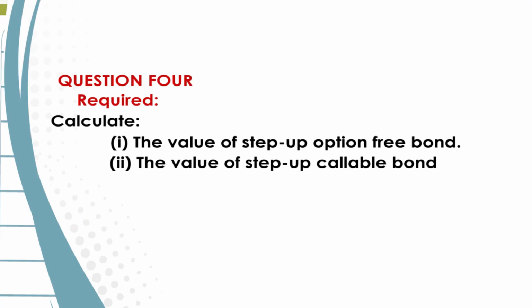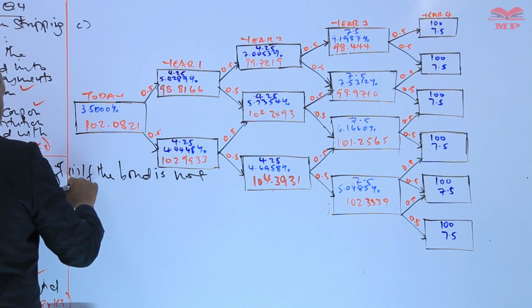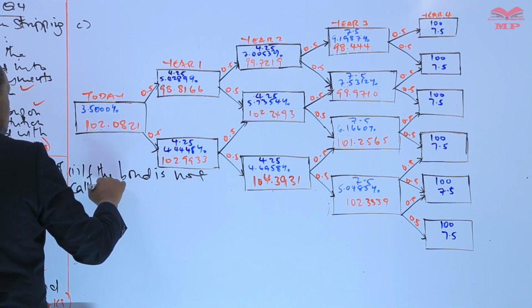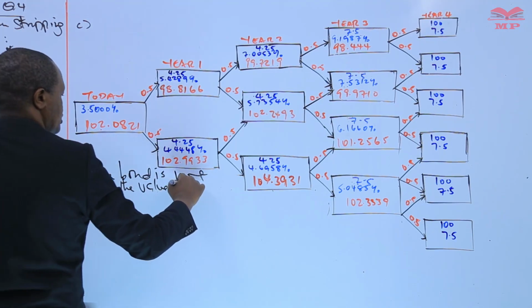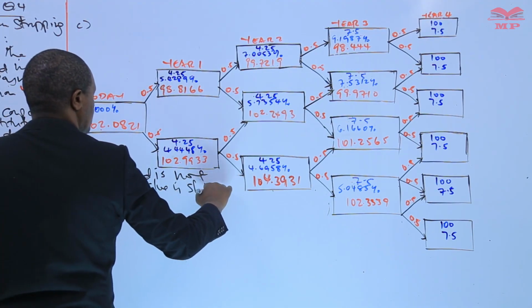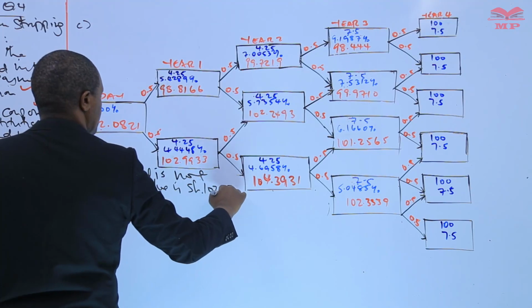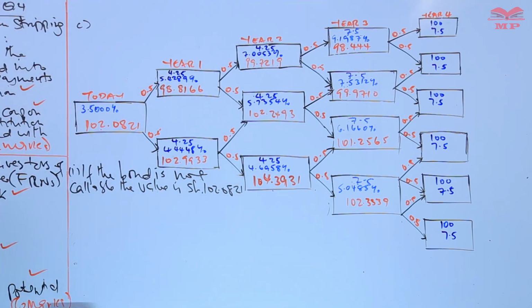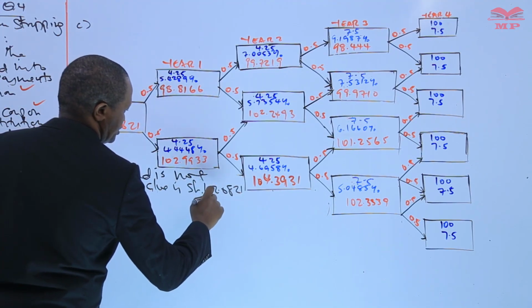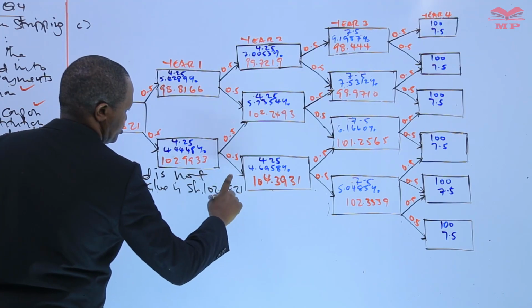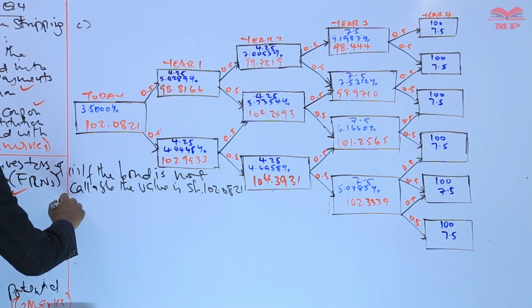If the bond is not callable, the value is 102.0821, that is, 102 shillings 0.821 cents.